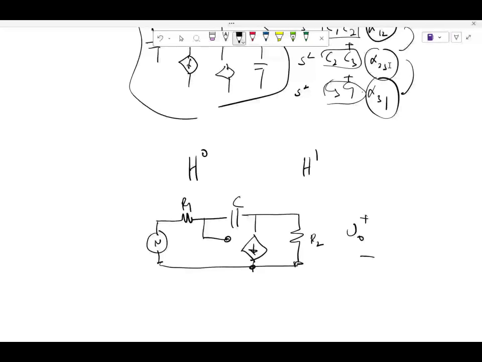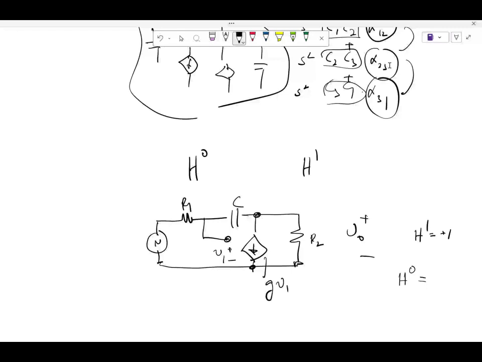Let's say I call this V1 and I call this G times V1, where G is positive. So what will be H naught? Here H1 is 1. C is not there, right?